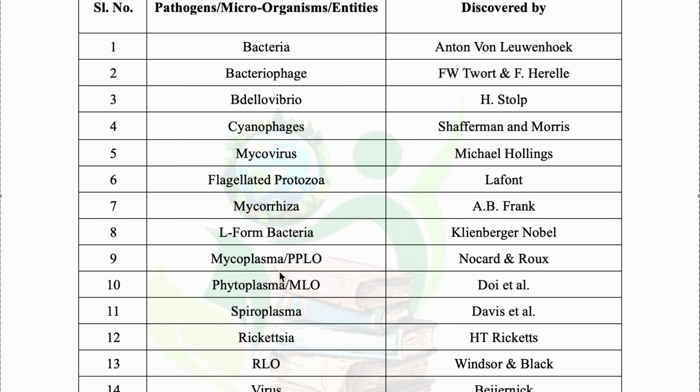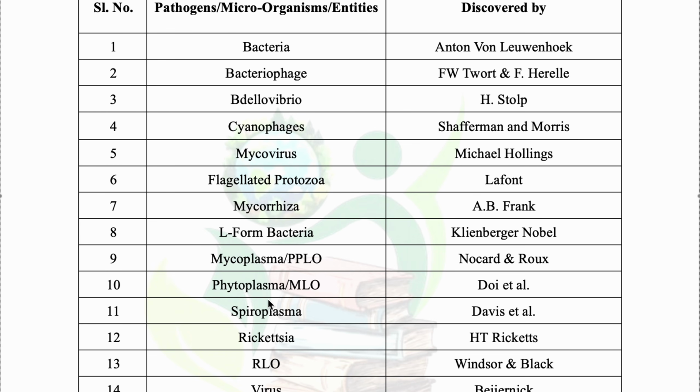Now this mycoplasma, phytoplasma and spiroplasma, they are similar, right? So what is the difference that we can see here? Mycoplasma are a diverse genus of wall-less bacteria, many of which are animal pathogens. But what happens to phytoplasma?